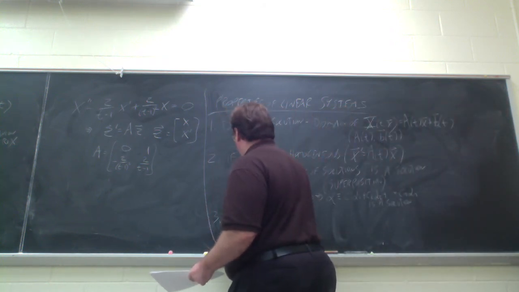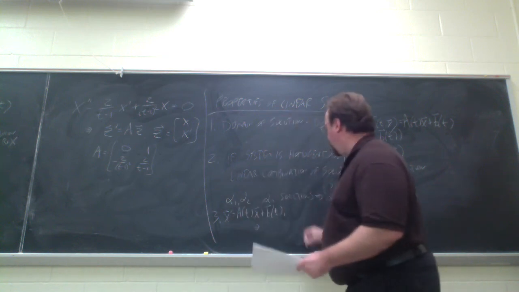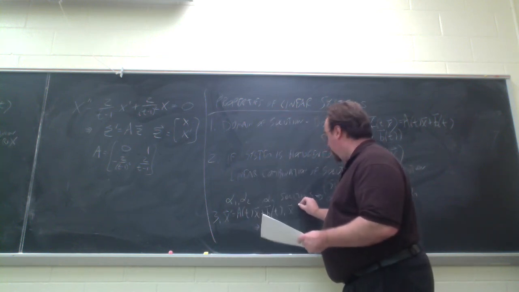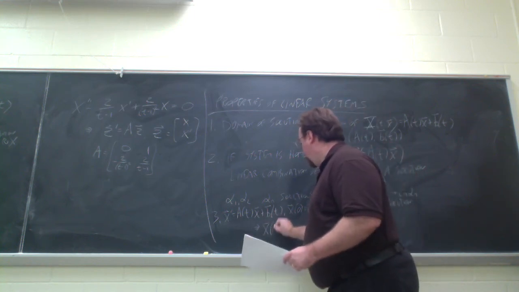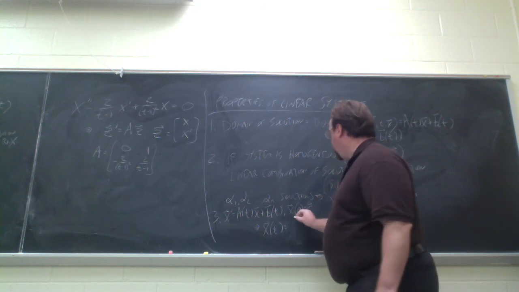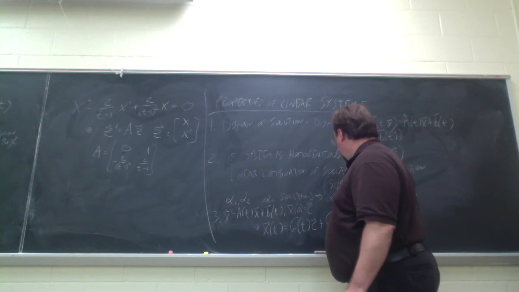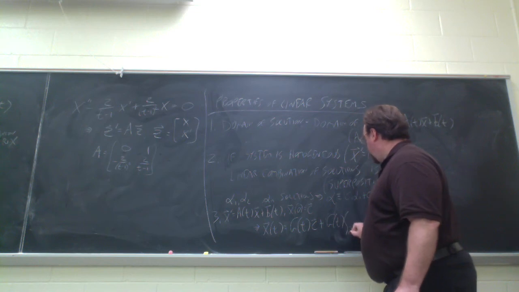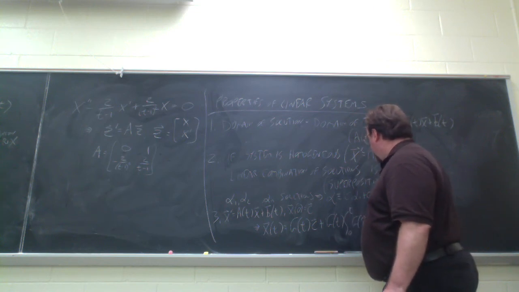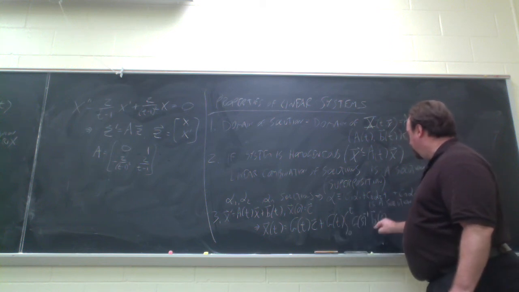So if you have this general first order system, x prime is A of t x plus b of t, and also if you have an initial condition, so x of 0 is some value c, then the actual solution is equal to some matrix G of t times c plus G of t, again, integral 0 to t, G of s inverse times b of s, so b is coming from here.